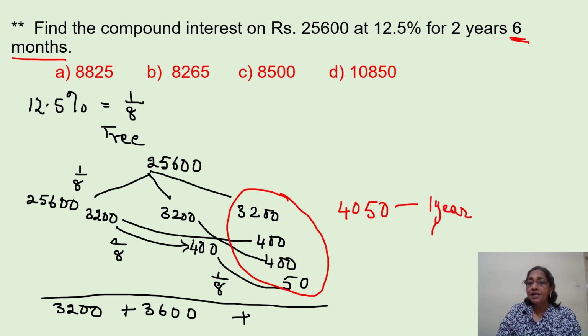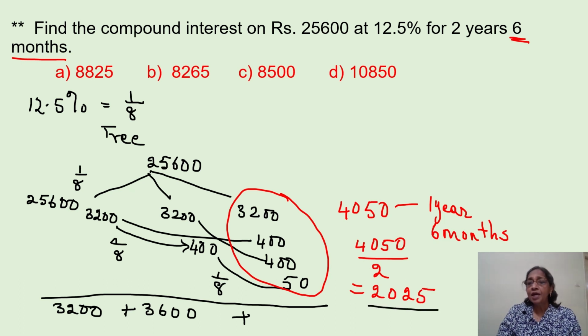And what we need is to find for 6 months, because in our sum we are given 6 months. So for 6 months it is going to be divided by 2. Okay, so this would be for the 6 months.